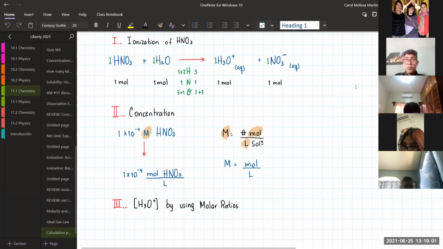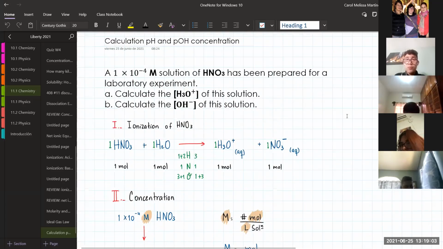So, take a look. Let's analyze the word problem again. It says 1 times 10 to the negative 4th power molar solution of nitric acid. The given is the nitric acid. Okay, this is the given.